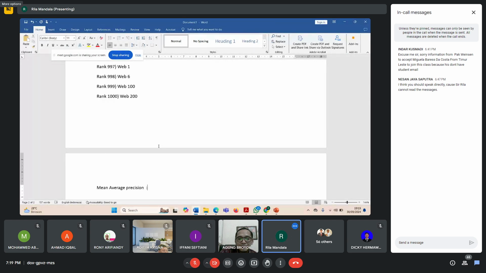You compute the precision for all relevant documents retrieved, and you sum them all up.